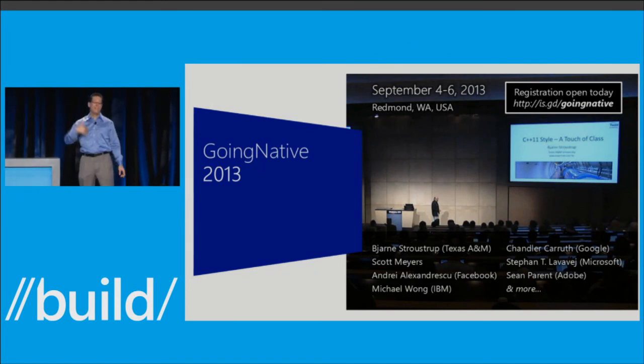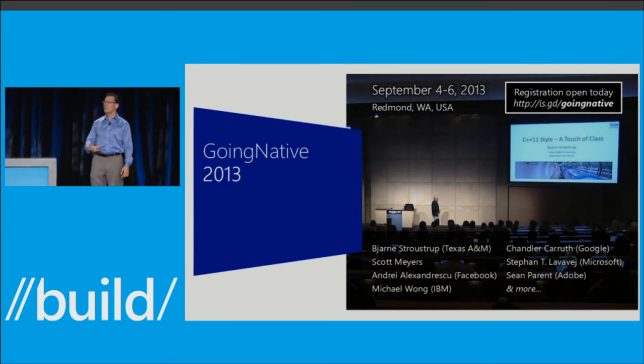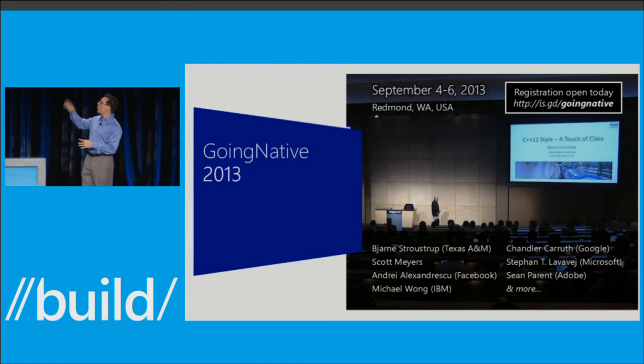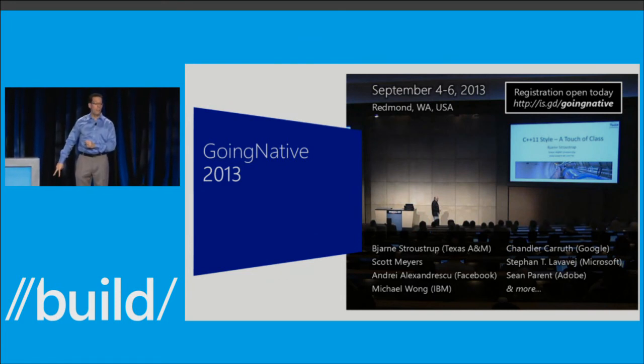But the feedback we did get is people were actually surprised there wasn't at least some Microsoft-specific content. So what we're going to try this year is adding a third day, and that third day is going to be a mix of cross-platform and Visual C++ specific content. So 2 days of ISO C++ on all platforms, and a day that also includes Visual C++.